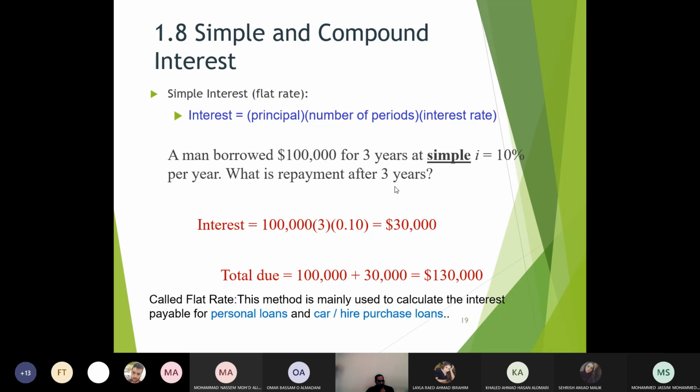It's only applied whenever we have a personal loan. Personal means I'm going to the bank and requesting in my name. And therefore, in that case, we don't include the compounding. What is the meaning of compounding? Compound means you are trying to build upon your original. That's why they say compound. You are building.